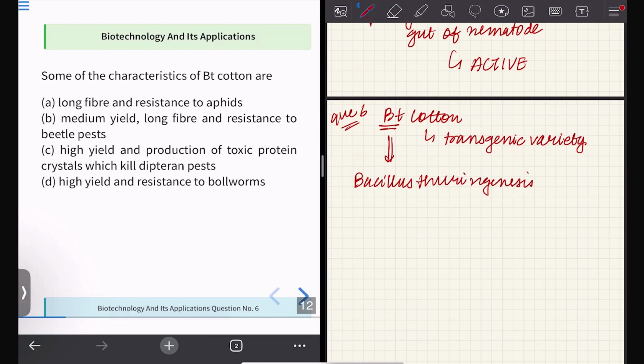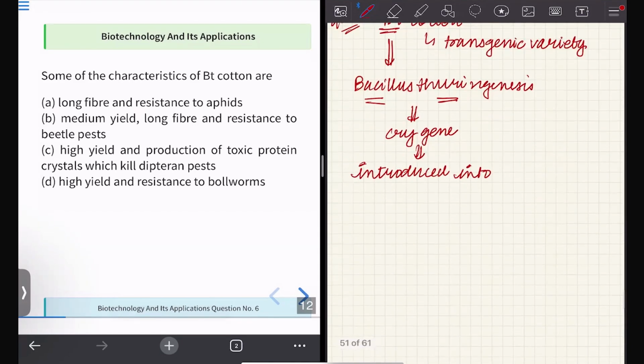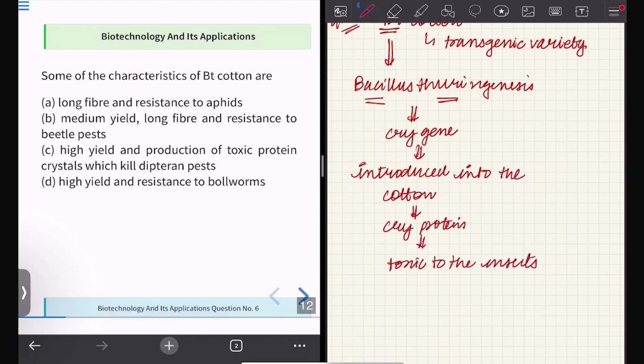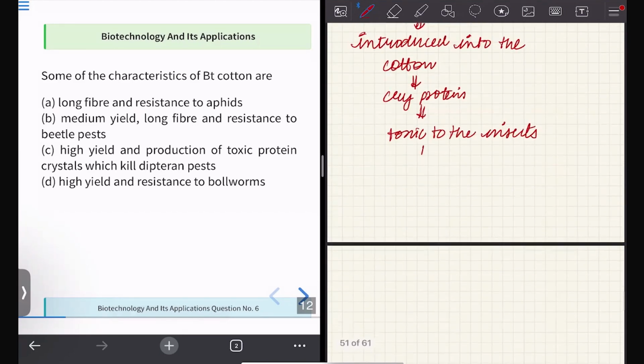We just read in the previous question that Bacillus thuringiensis is a bacteria that contains the cry gene. This BT gene is introduced into the cotton, and it leads to what? It leads to formation of the cry protein, which is toxic to the insects.